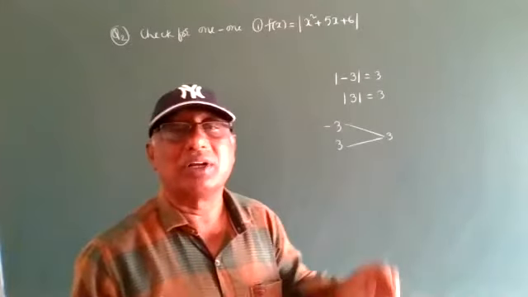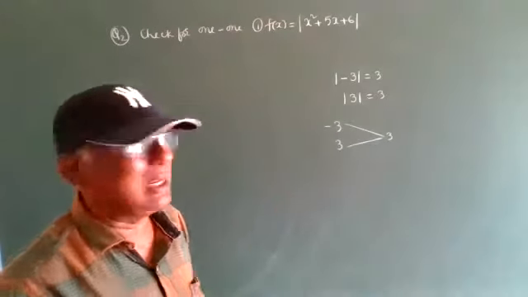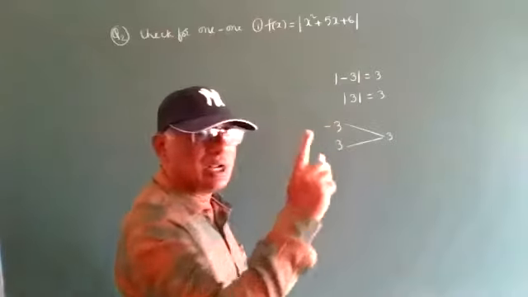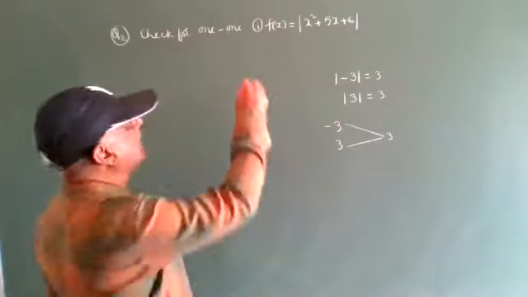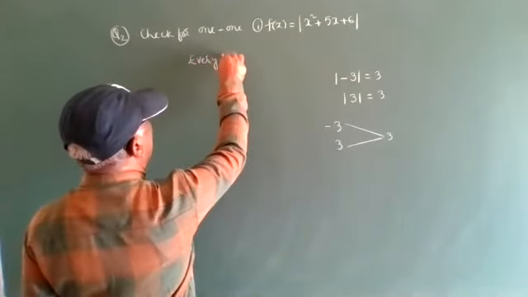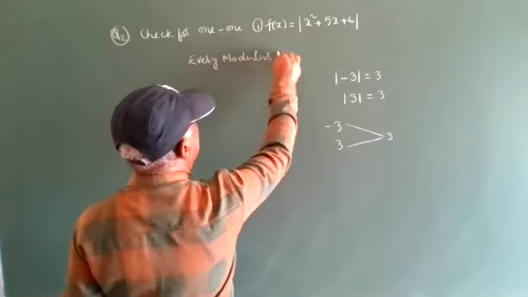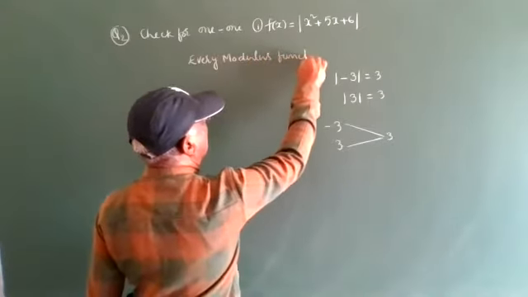We can tell immediately. Okay? So very simply we can tell the answer. Every modulus function is not a one function. Immediately we should write: every modulus function is not a one function.